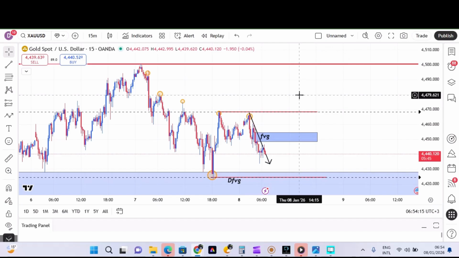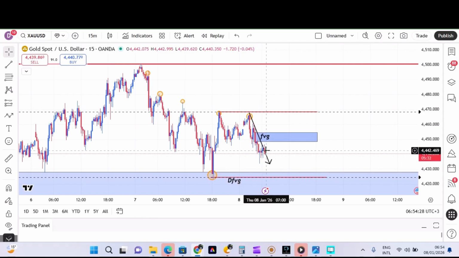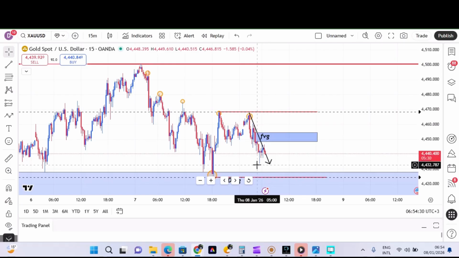As per the Asia session, this is what we call the Asia low, formed at 44.34 price. Okay, so the market might come, take out this liquidity, then come into this zone of daily fair value gap.